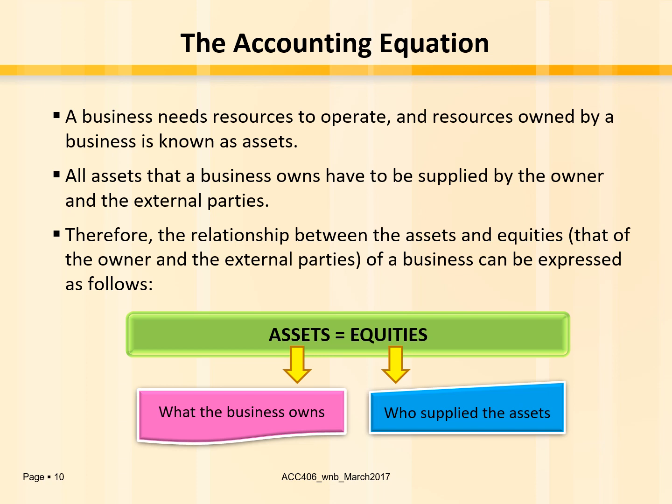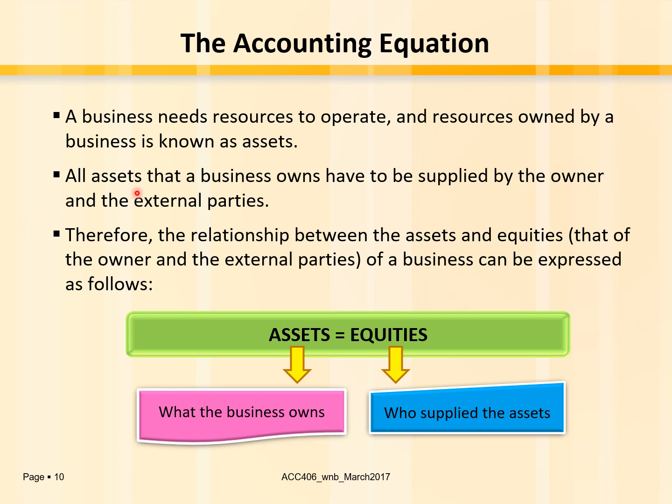Moving on, kita nak belajar pasal the accounting equation. Okay, accounting equation. Business needs resources to operate, and resources owned by the business is known as asset. Okay. Bila kita nak berniaga, kita kena ada sumber. Sumber yang kepunyaan perniagaan dipanggil aset dia kira. Okay.